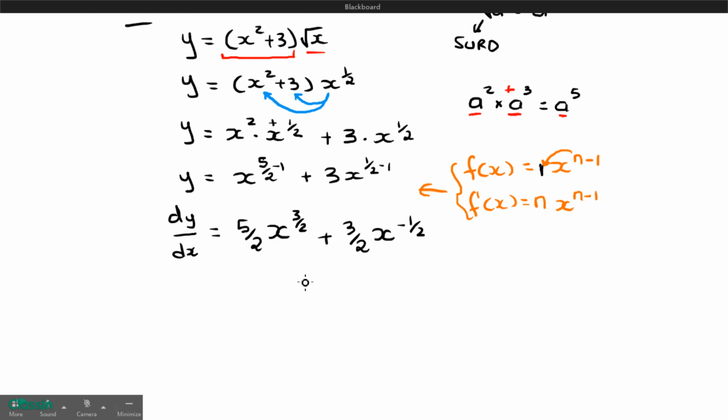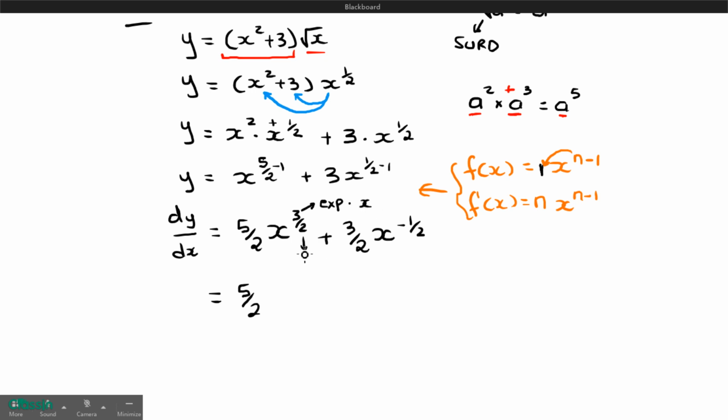Now, when we have this, we can write it in the form of 5 over 2, because this is 3 over 2. This one represents the exponent of x.